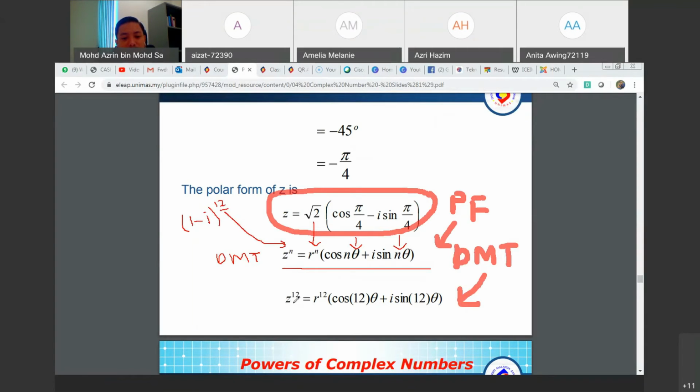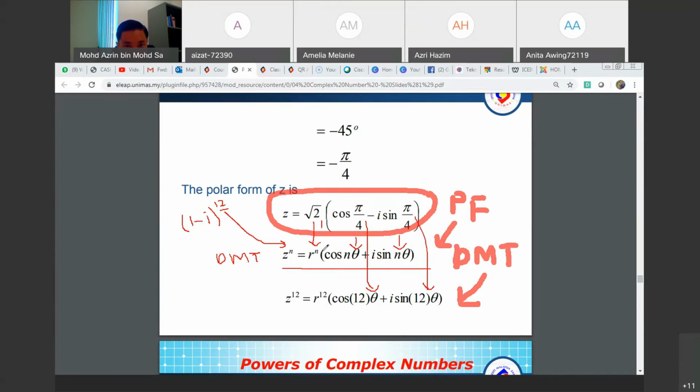So you get Z power of 12 equal to R power of 12 cos 12 theta plus I sin 12 theta. Okay, then you masukkan value ni lah. Theta ni pi over 4, masuk kat sini, ni masuk kat sini, pi over 4.